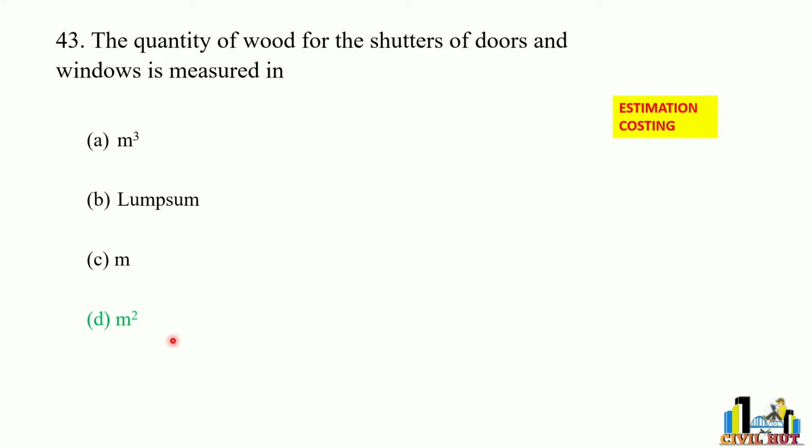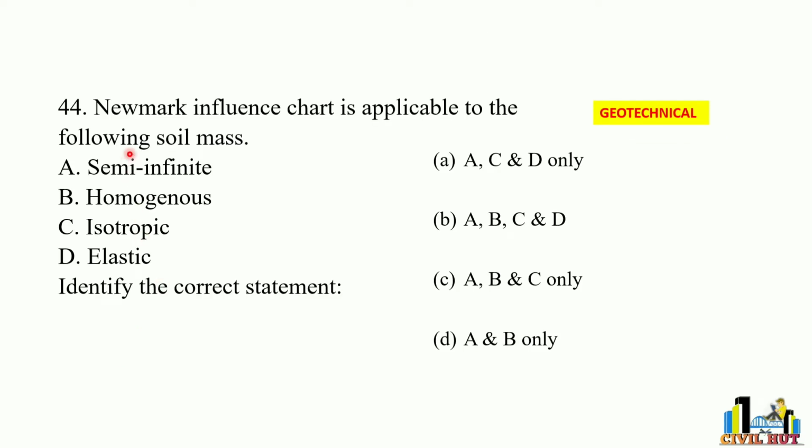Next question is the 44th question. Newmark influence chart is applicable to the following soil mass. This is also from geotechnical engineering. A. Semi-infinite. B. Homogeneous. C. Isotropic. D. Elastic. Identify the correct statement. A, C and D only. B, A, B, C and D. C, A, B and C only.